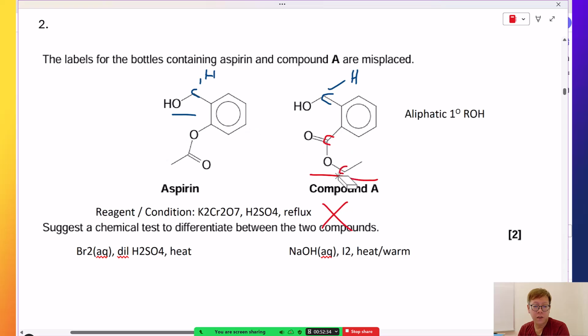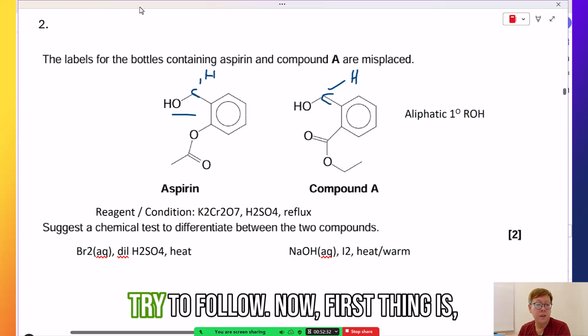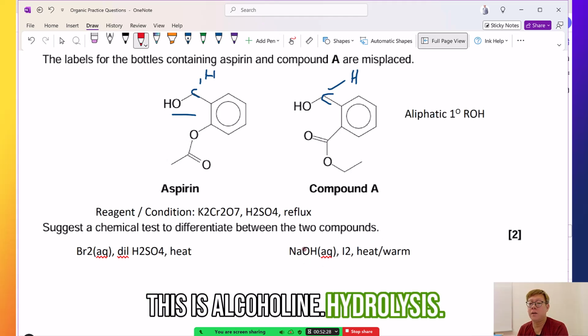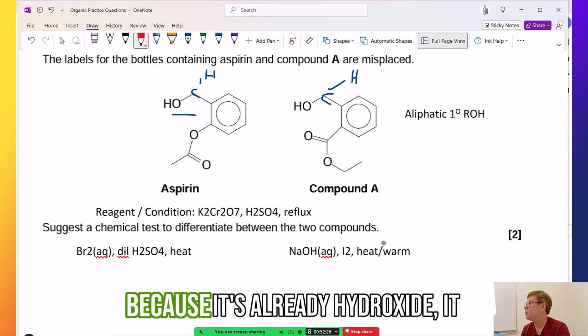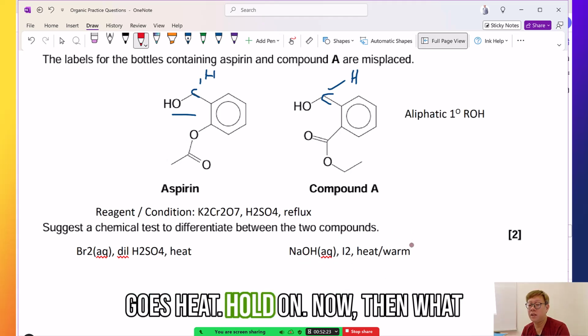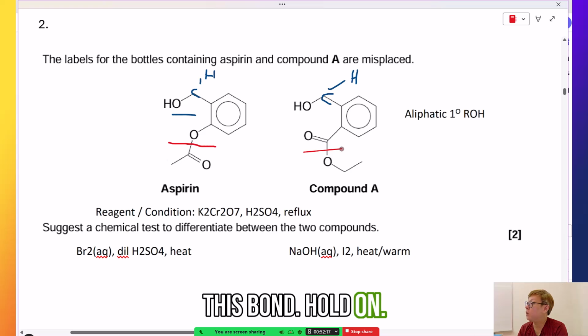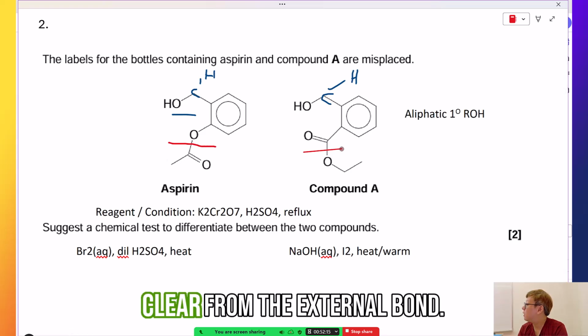Okay, this one. So if I use triiodo, now first thing is this is alkaline hydrolysis because you have sodium hydroxide and heat. Follow? Now then what will you do? You will cleave off this bond. You will cleave off this bond. Follow? Cleave the ester bond.